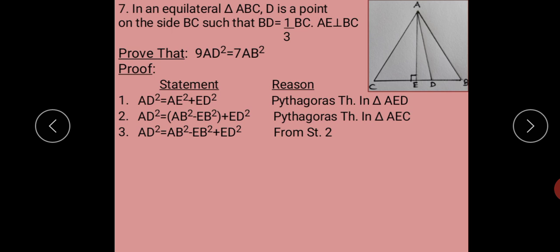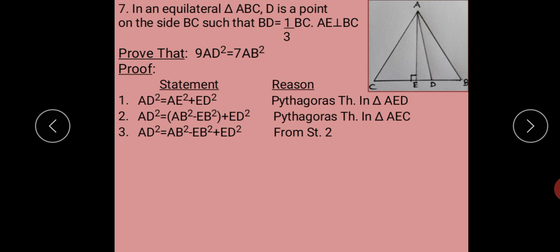If you look at the ED, it is B to E minus B to D. B to E is half BC and B to D is 1/3 BC. 1/3 is given. That means the ED part is half minus 1/3 BC. I'll explain once again.